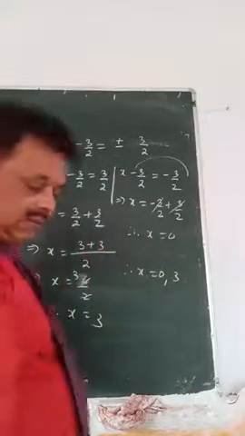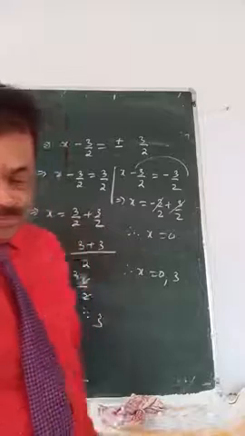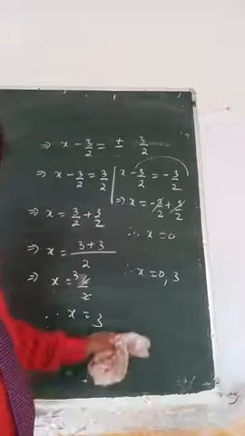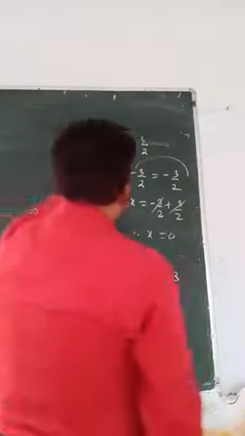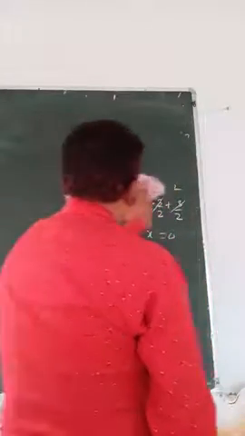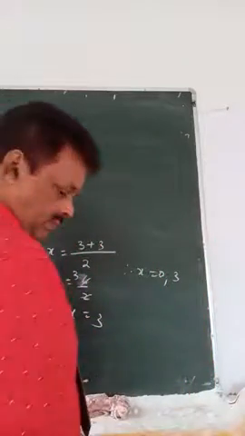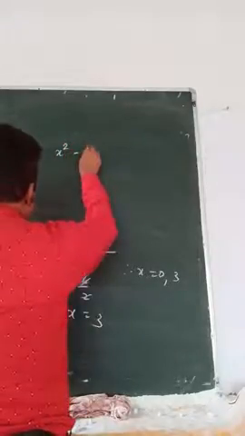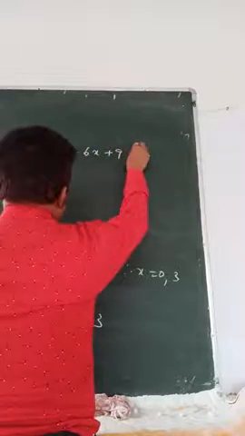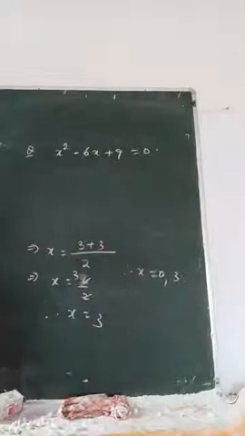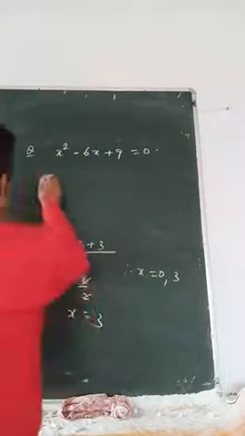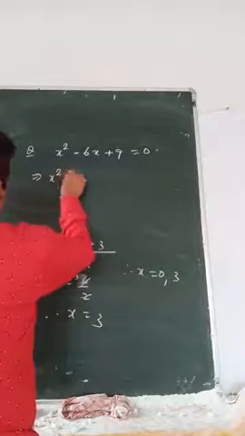Okay. Now let's take one more question. I'll take x square minus 6x plus 9 equals 0. This is a basic question. Look here, you have to write x square and get a 2.